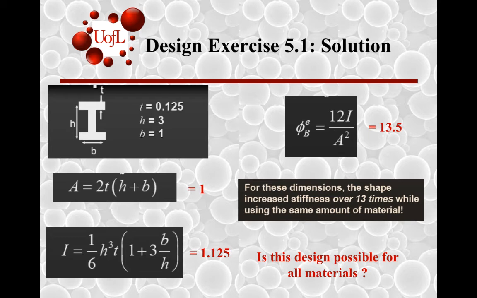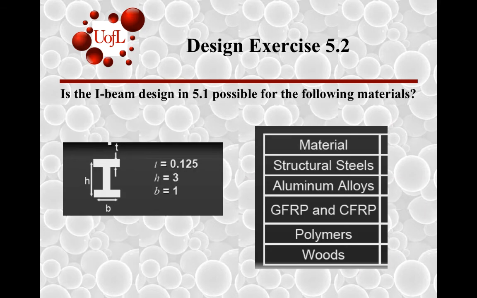So there are limits to which a particular geometry can be made by a given material. And it depends upon the melting point, the mechanical properties, and so on. So let's get very specific with the next problem, in that for this I-beam design that we just considered, can you make them from all these different materials? How would you go about answering this question?